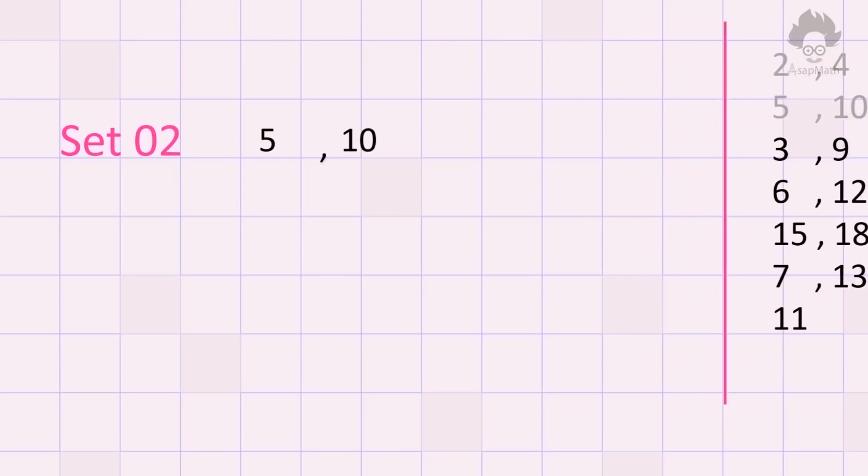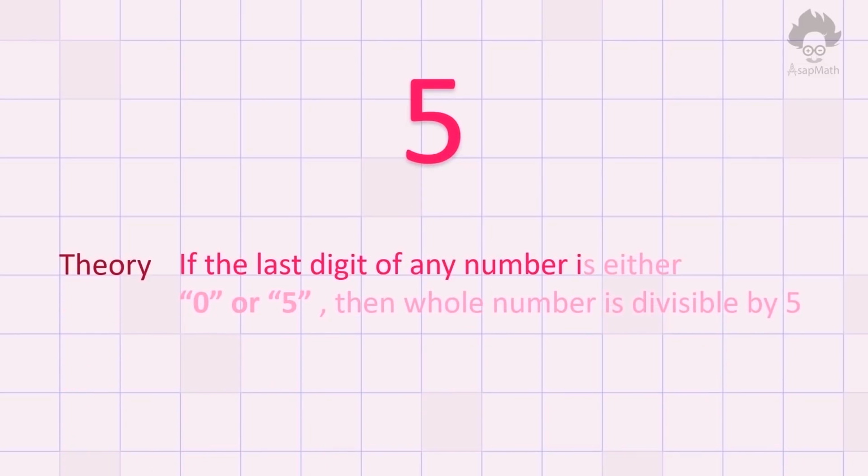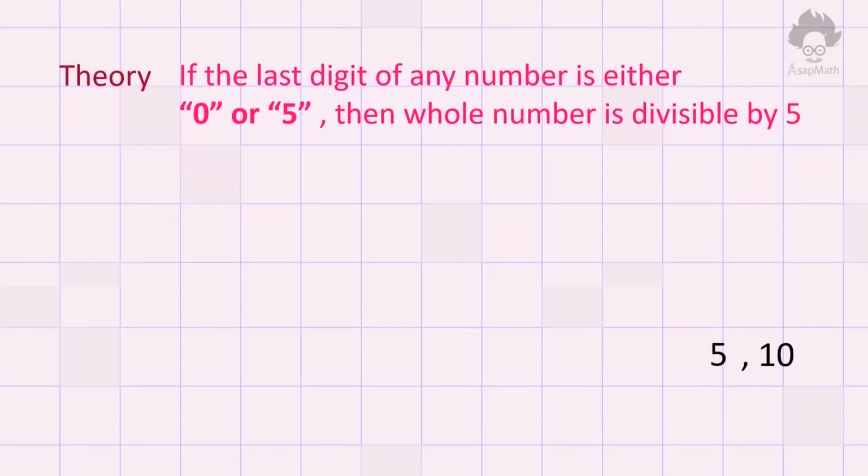Let's go to set 2. It consists of 5 and 10. Number 5: if the last digit of any number is either 0 or 5, then the whole number is divisible by 5. We'll see a few examples.